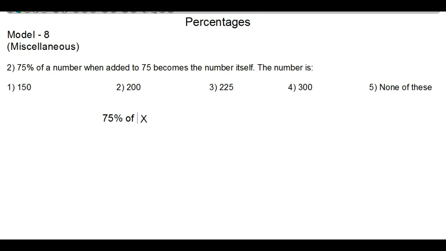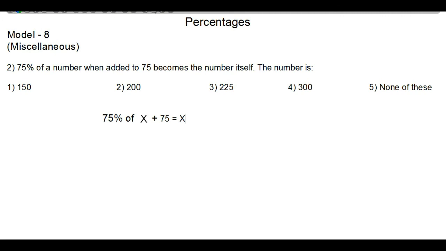When added to 75, it becomes the number itself. That means the sum of these two should be equal to the number itself, that is x. And we are supposed to find the number. So by simplifying this equation, we get the required answer.